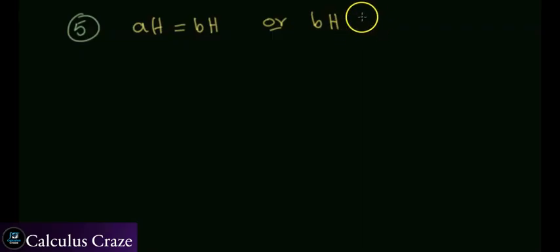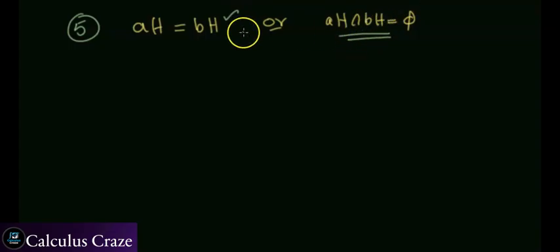So either both are equal or their intersection is empty. If both are not equal, then their intersection is going to be empty. I'll prove it this way: I'll say that the intersection is not phi, then I'll conclude that AH equals BH.